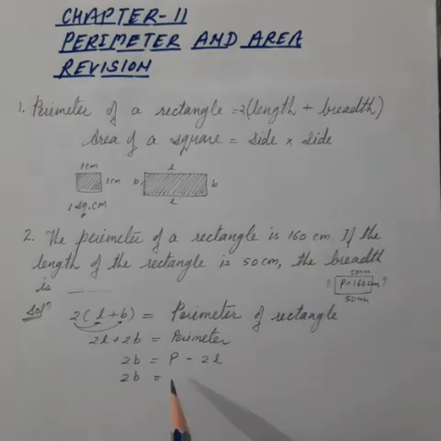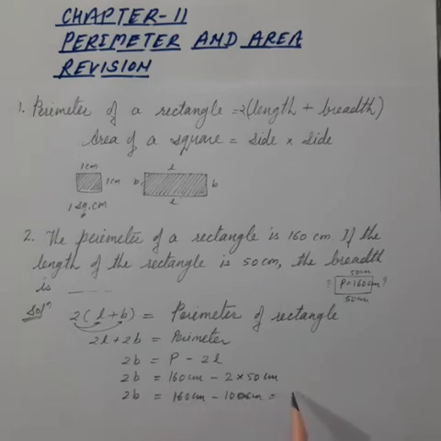Perimeter is given 160 centimeter minus 2 times length is given 50 centimeter. Find out the value. 2 times breadth equal to 160 centimeter minus 2 fifties are 100 centimeter. Subtract this. It is 60 centimeter.